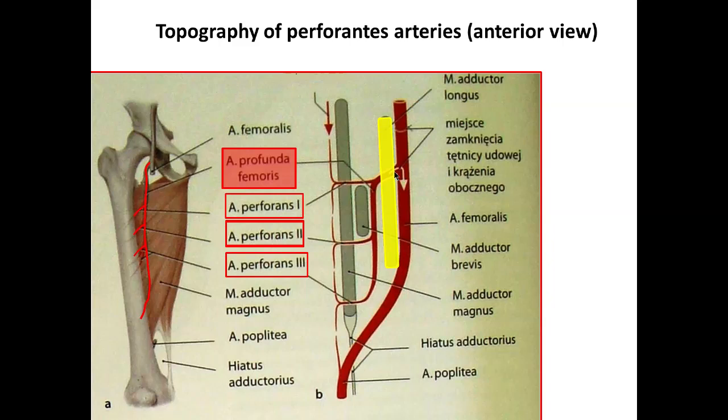And there are very interesting interactions between arteria profunda femoris, perforantes, and the muscle of yellow color, adductor longus. Then in the middle layer of green color, adductor brevis, and more deeply located of blue color, adductor magnus.